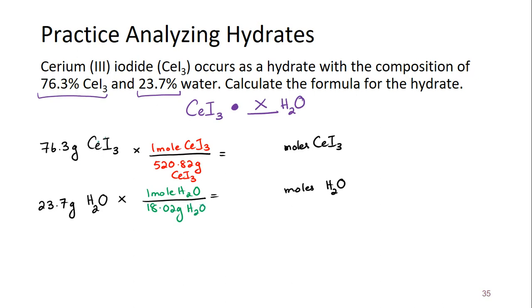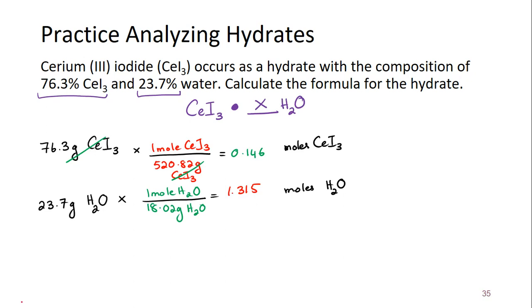So grams of cerium iodide cancel out. You are left with 0.146 moles of cerium iodide. Then you have 23.7 grams of water, and the moles for water is 1.315 moles of H2O.